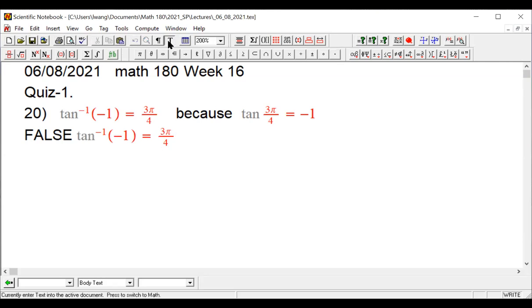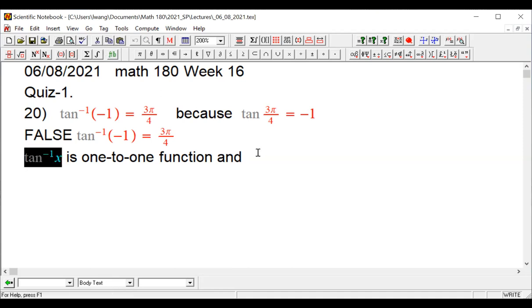Because tangent is a one-to-one function, and its range is imposed after truncation.